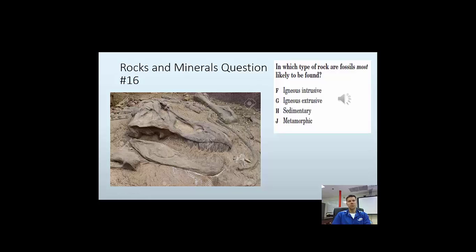The temperatures are just too high. So when lava cools, it's just going to be a rock. Sedimentary rocks? Absolutely. This is your answer. Sedimentary rocks are loose sediments that animals' and plants' remains can become lodged in and turn to rock. Metamorphic rocks? Too much heat and pressure for there to really be a good fossil display.